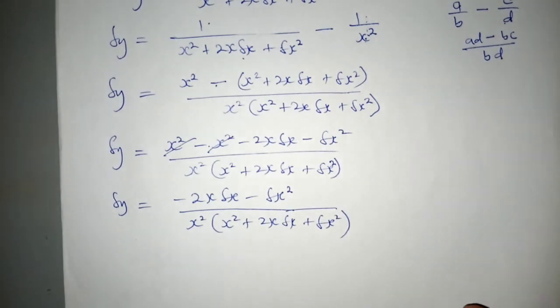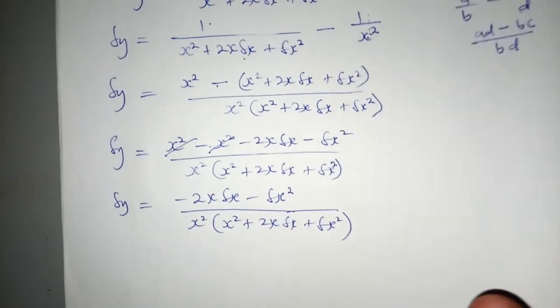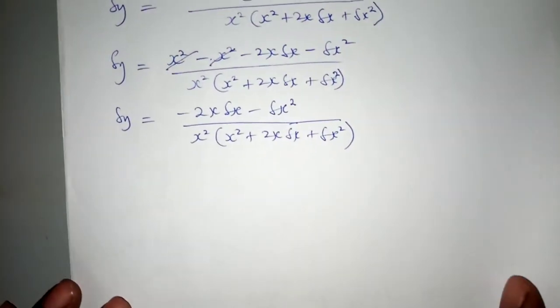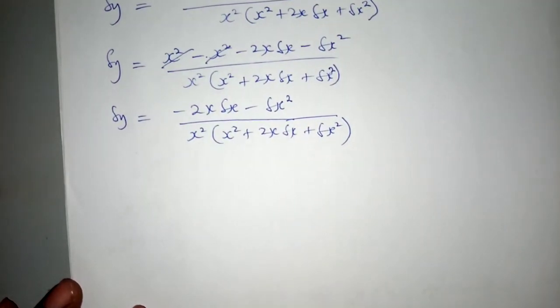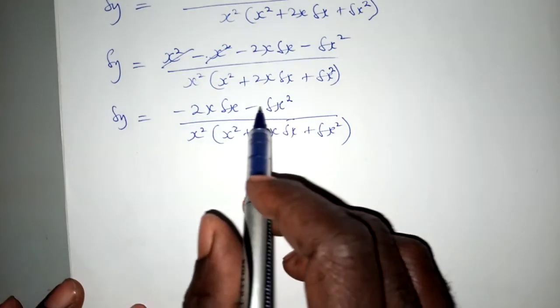So from here, I'm going to divide through by delta x. So let me factor out delta x from here.